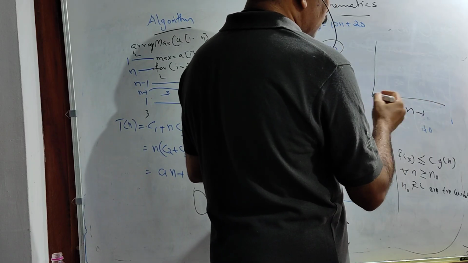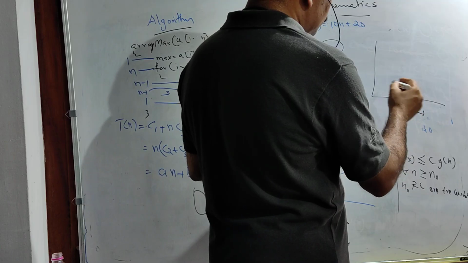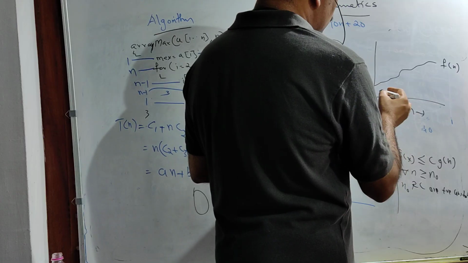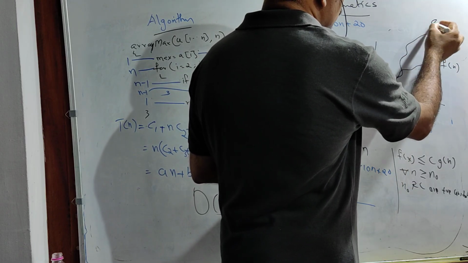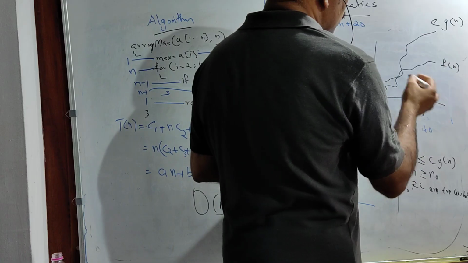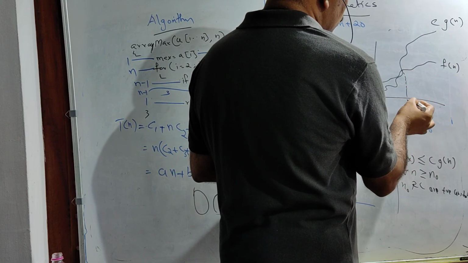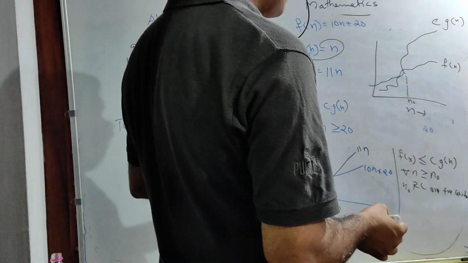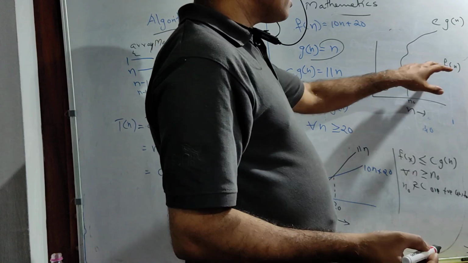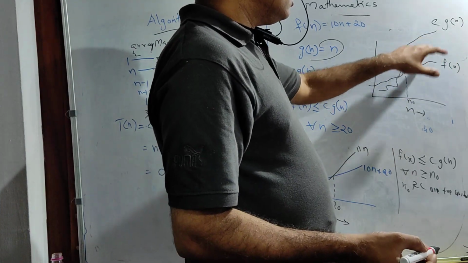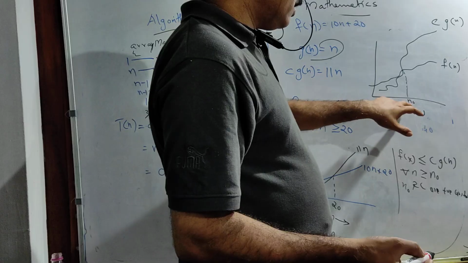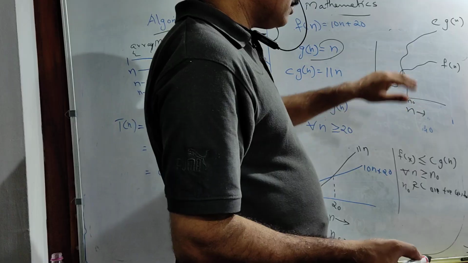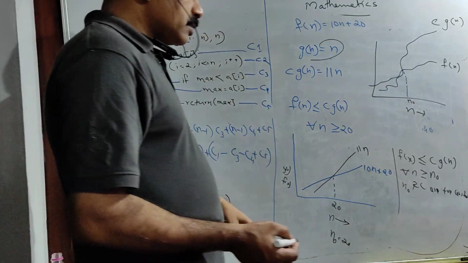N, then this is your f of n, c into g of n, this is your n0. Okay, this is the concept of big O. f of n is always less than or equal to c into g of n for all values of n greater than or equal to n0. c and n0 are positive constants.